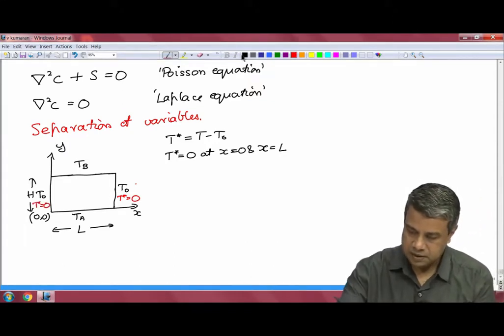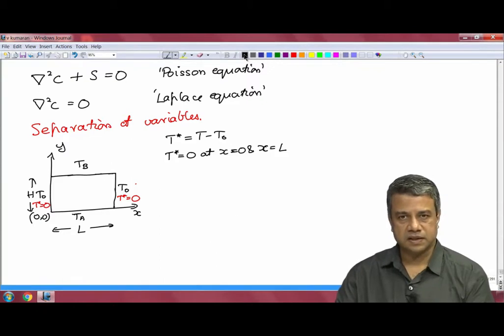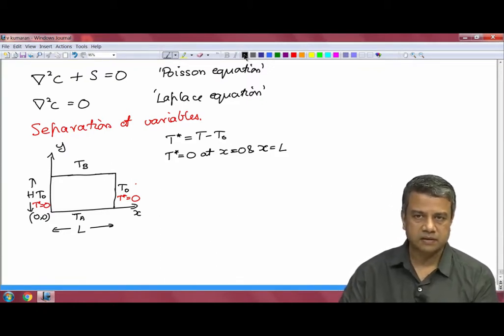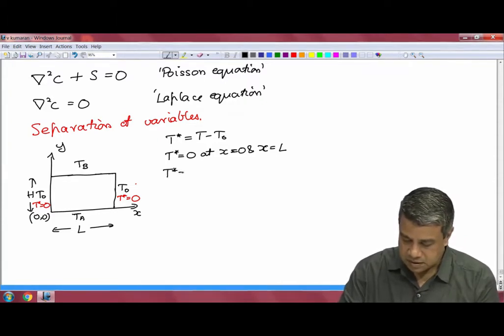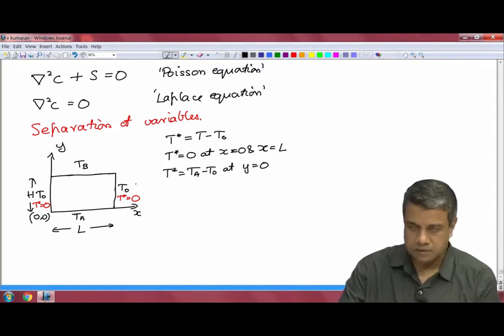On the left and the right faces T star is equal to 0 because we have subtracted out the constant temperature at the left and right faces. T star is equal to T A minus T naught at y is equal to 0 on the bottom surface.